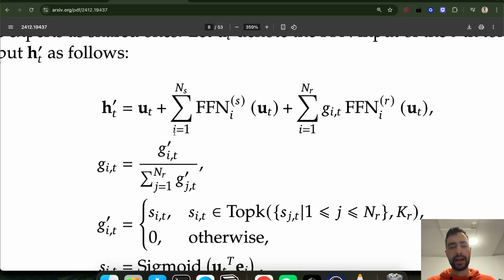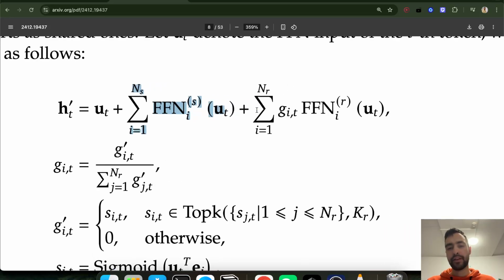First, we pass this input through the shared experts, N_s in number. From 1 to the number of shared experts, we sum up the output of each shared expert. We have this feed-forward function, we pass in the input, this gives the output, and then we sum up all of the outputs.